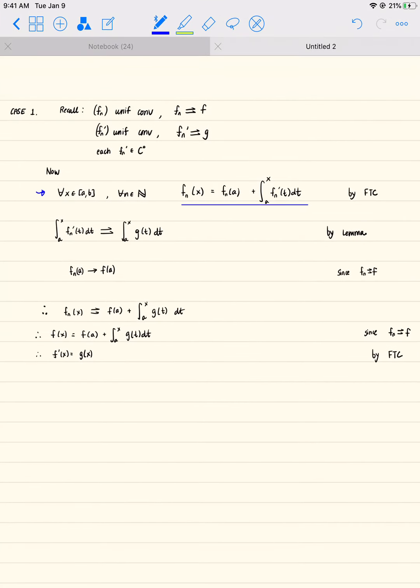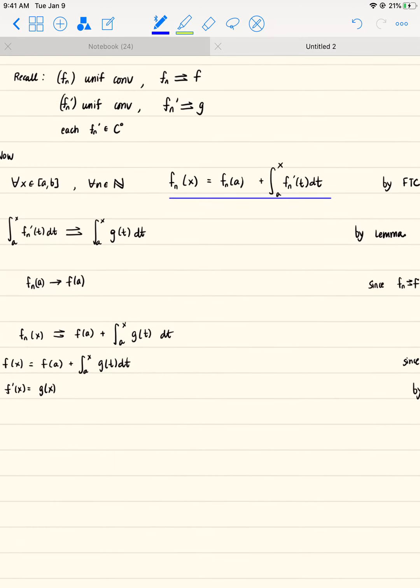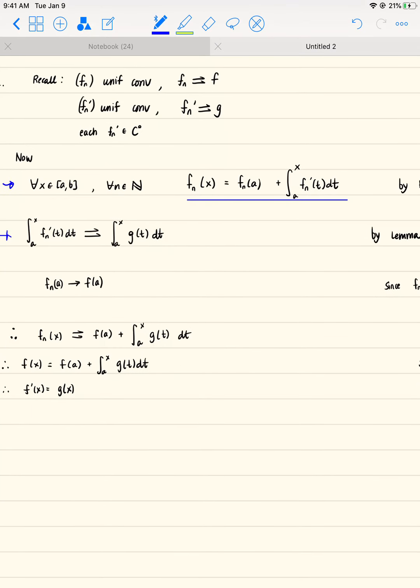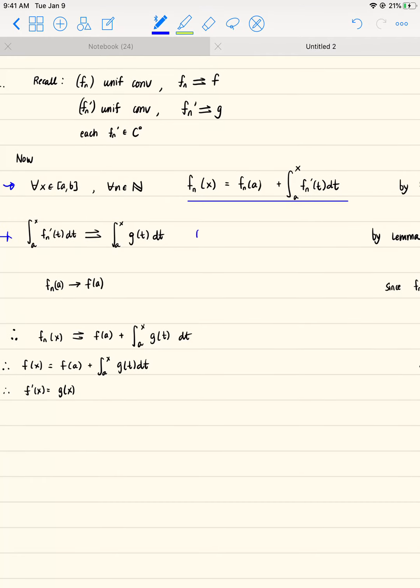Okay, that's just by the fundamental theorem of calculus because our fn's are differentiable. Okay, now part 2 is we can say that these indefinite integrals converge uniformly.